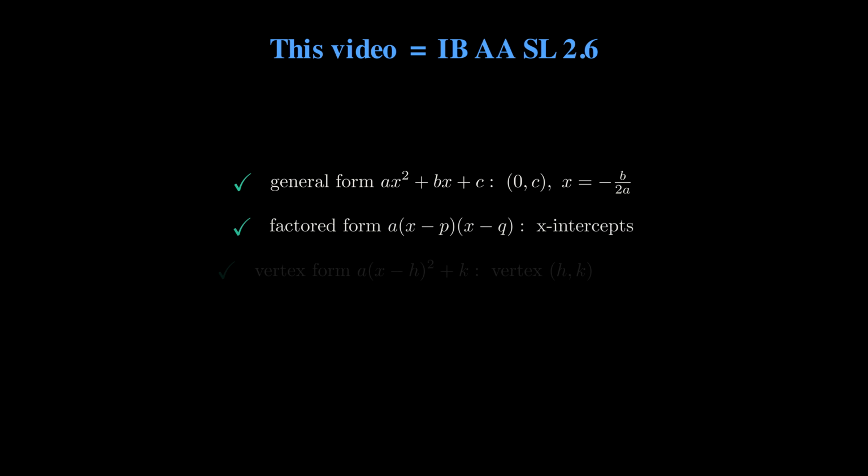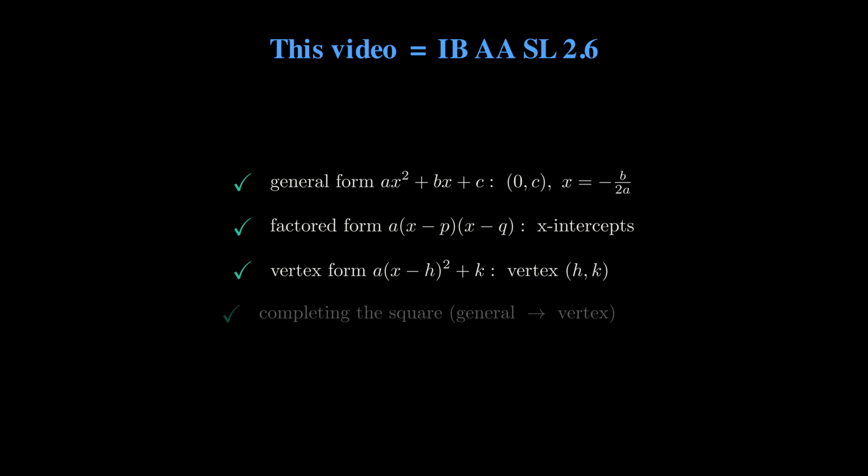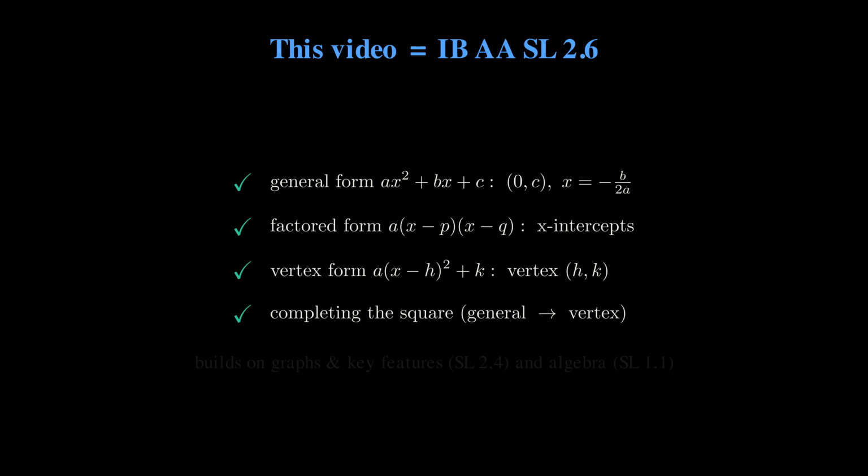The vertex form, which gives you the turning point. And completing the square, the tool that turns the general form into the vertex form. This sits on top of graphs and key features from 2.4 and basic algebra from 1.1. If the words intercept or vertex are new, watch those first.